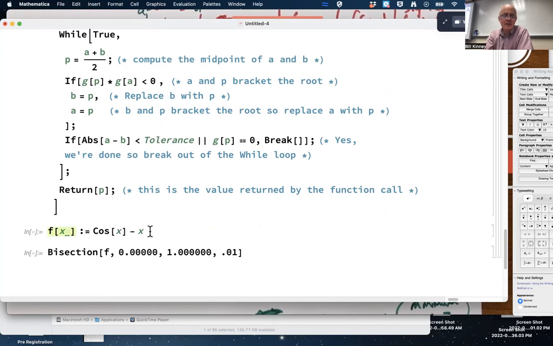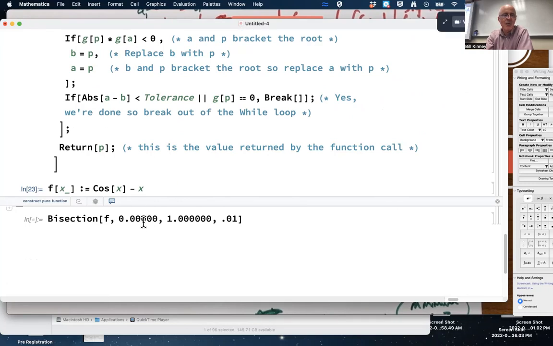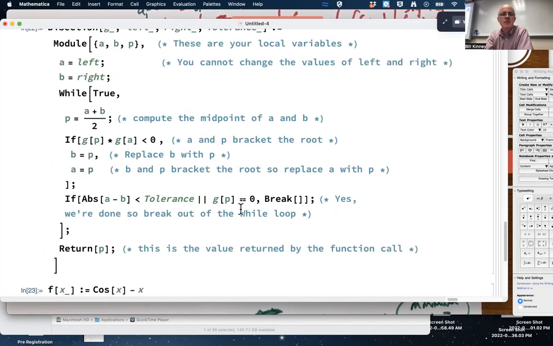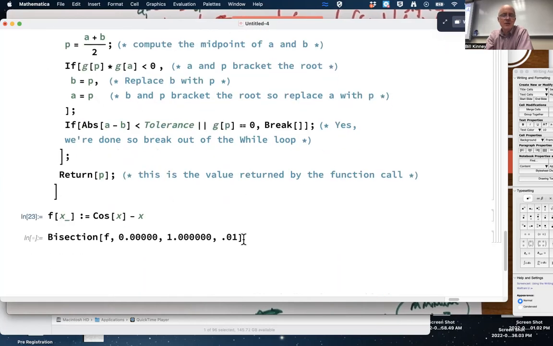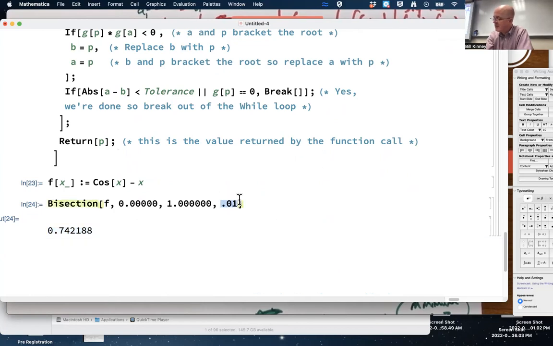To use this, you type in your function that you want to find the root of, in this case, cosine of x minus x. And once we've entered all this code, you put the function here, you put your left endpoint here, you put your right endpoint here, and you put your error tolerance here. 0.01 is the tolerance right there. And it will spit back some output telling you your approximation to within 0.01. The first time you get within 0.01, I believe. Does that make sense?